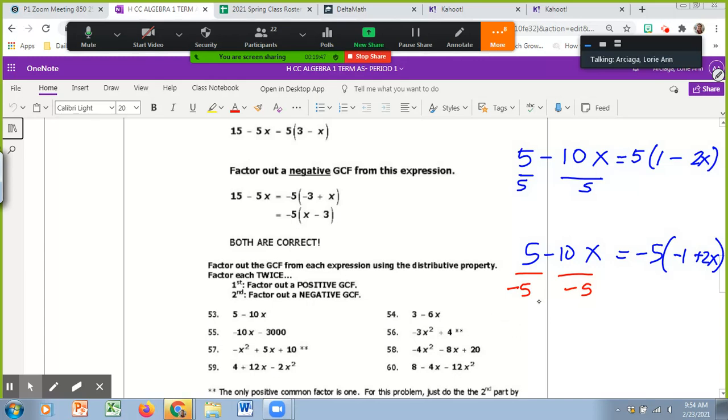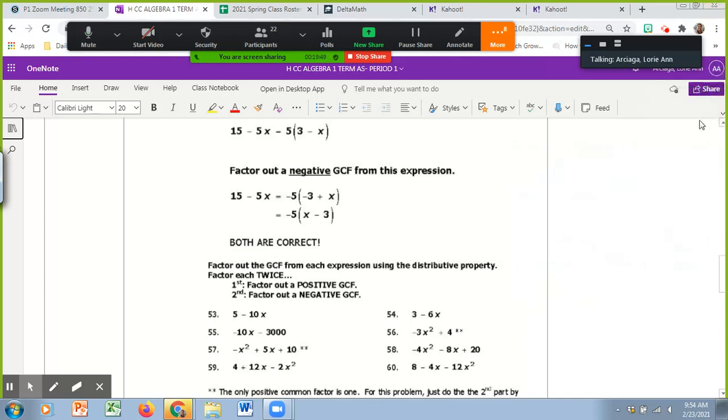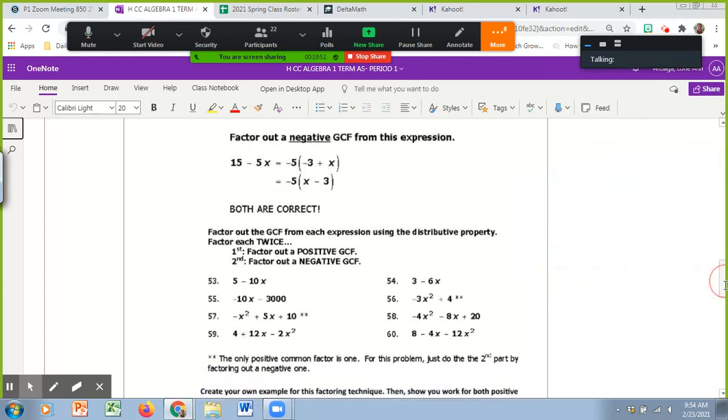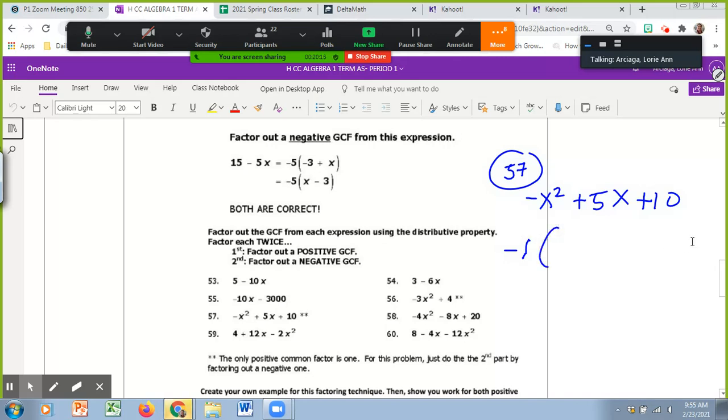Look at number 57. It says the only positive common factor is 1. So for this problem, just do the second part by factoring out a negative 1. So in other words, for 57, you have negative x squared plus 5x plus 10. It's just asking you to try to factor a negative 1. So if it's negative, we normally write negative 1, but you can actually just write negative in front of the parentheses.